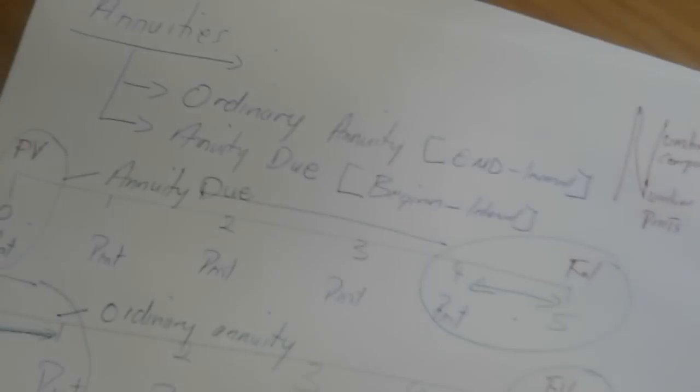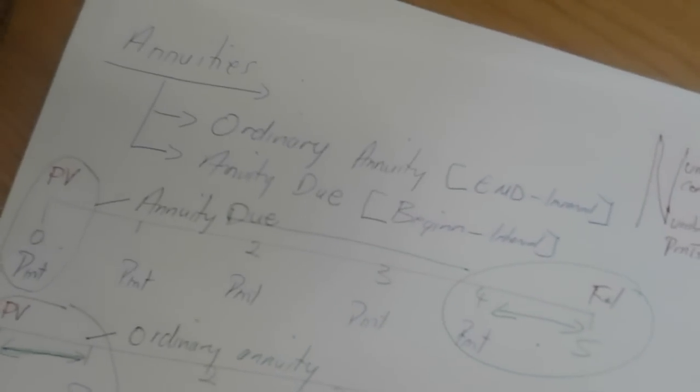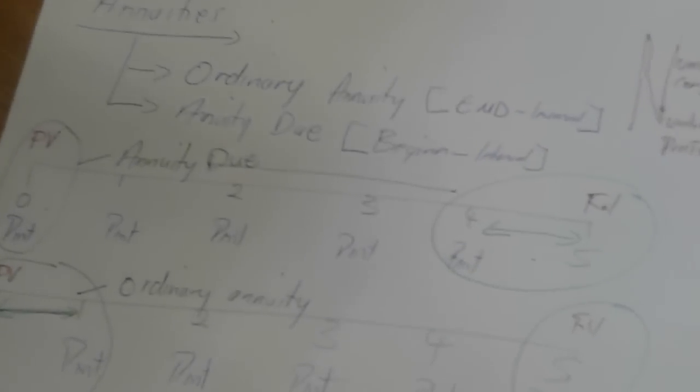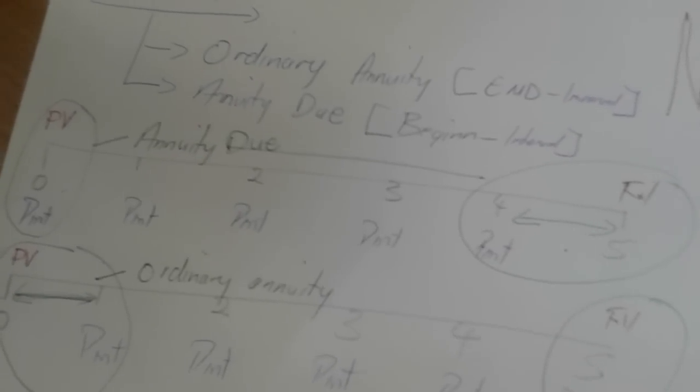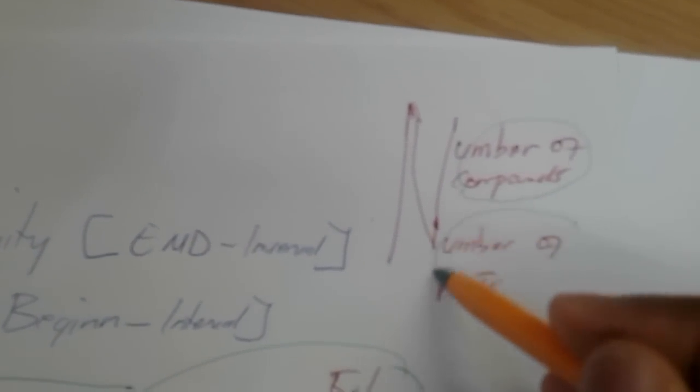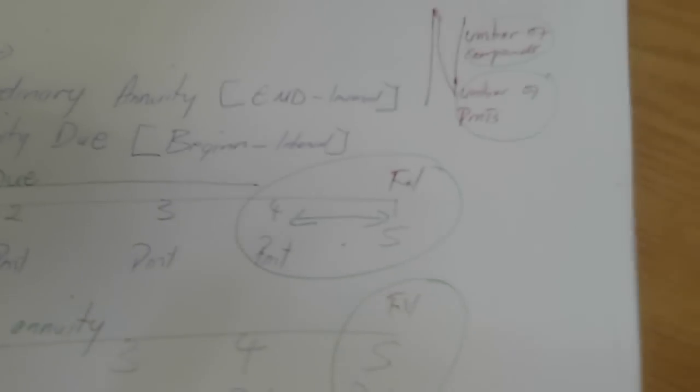If there are 20 payments, your N is 20. So that's the big N there. We already know it from compound interest, so you must be familiar with that one now, number of payments.